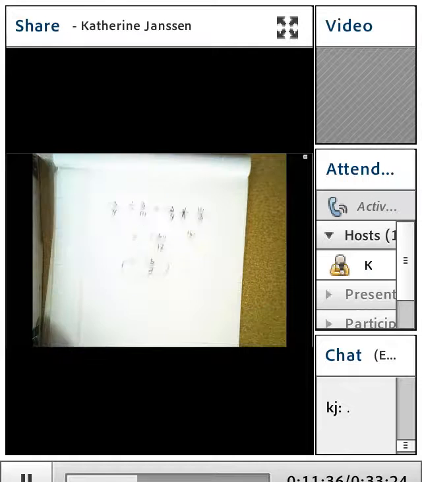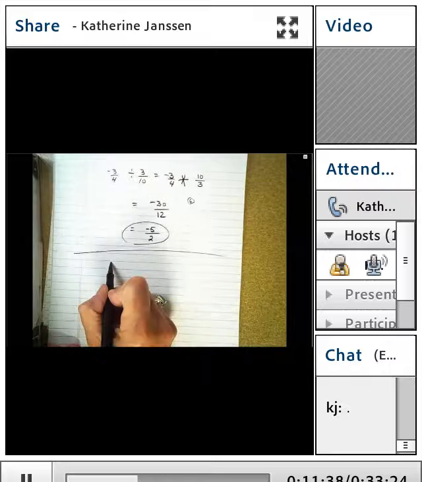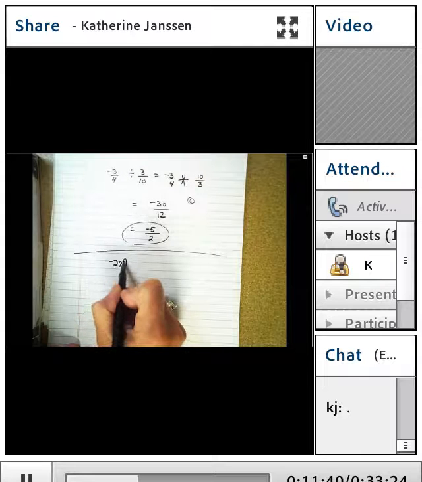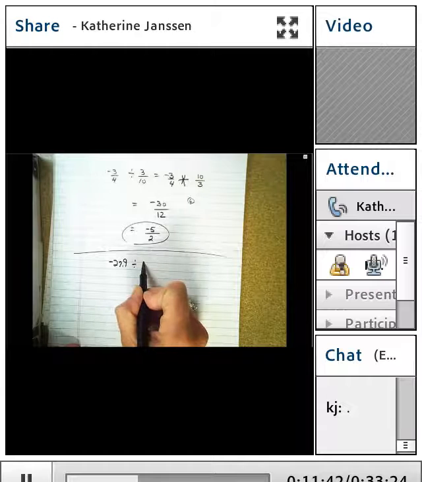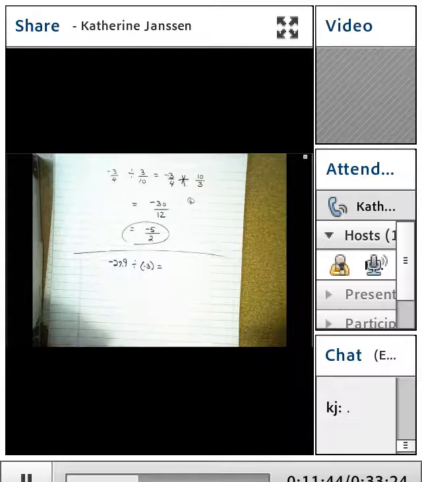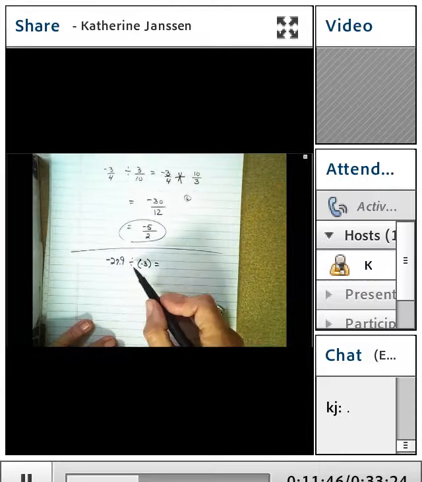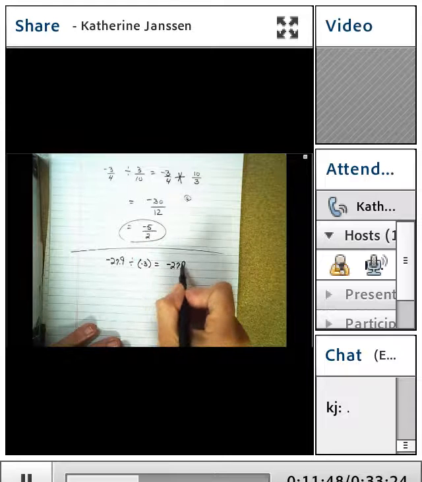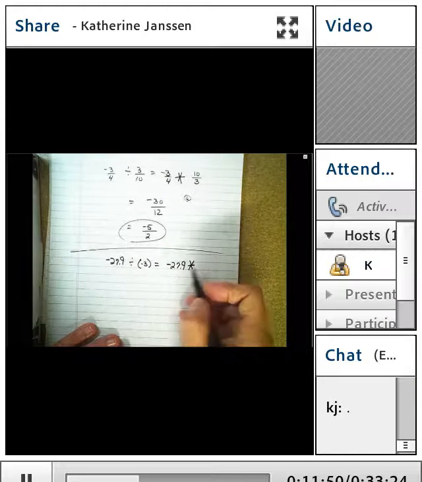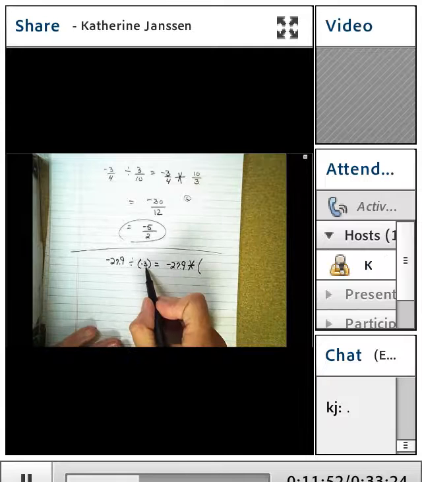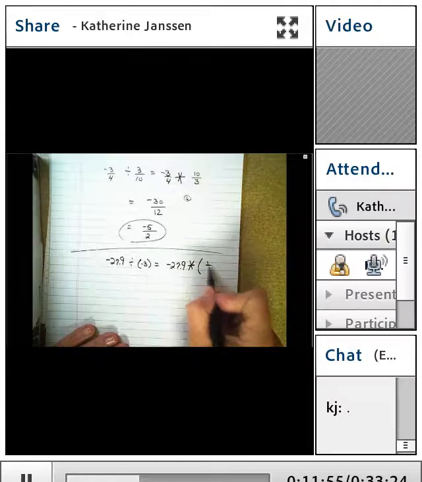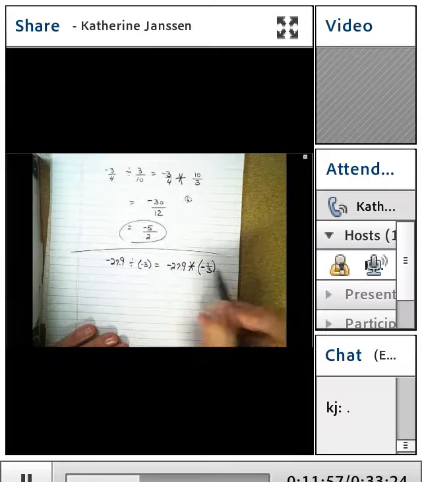Negative 27.9 divided by a negative 3. This is division, so we're going to change division to multiplication and multiply by the reciprocal. The reciprocal of 3 over 1 is 1 over 3. Flip it and keep its sign. A negative times a negative is positive.